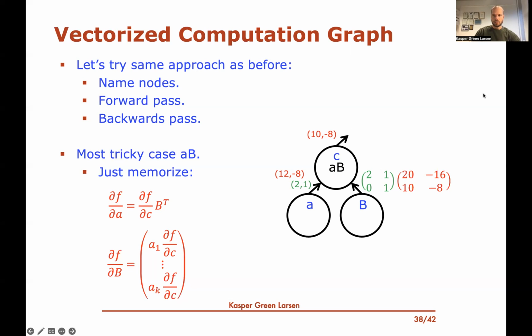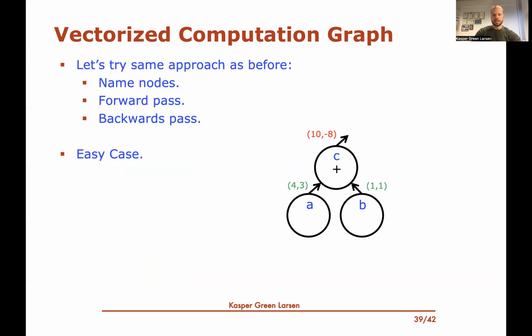So this is what we got before also. We take the A1, that's a 2, we multiply it onto the 10, minus 8, and we place it as a row vector. We take the second entry, multiply it onto it, and place it as a row vector. And so those are the two rules to remember if we have the AB nodes, and then you can continue. Okay. So with these rules, it's not too tricky.